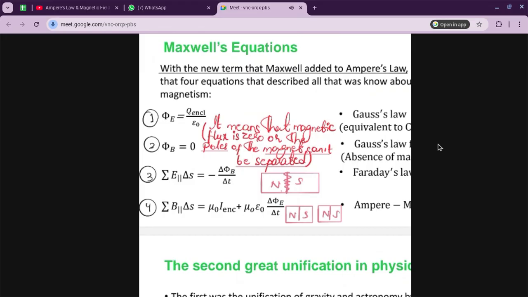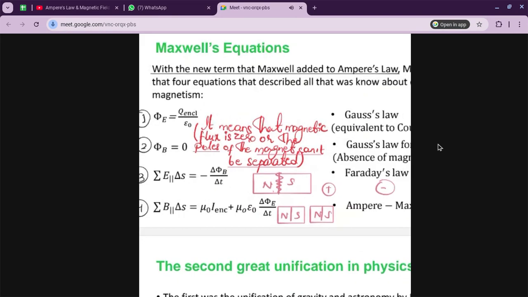So we can't separate out both the poles of the magnet just like the charges. Suppose you place positive charge over here and negative charge over here. But if we talk about the magnets, we can't separate out its poles just like the charges.